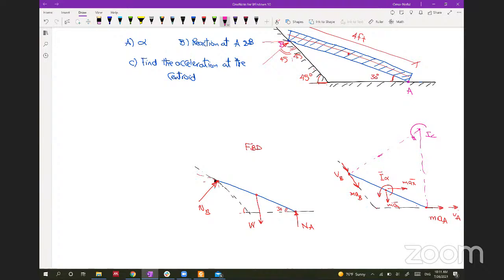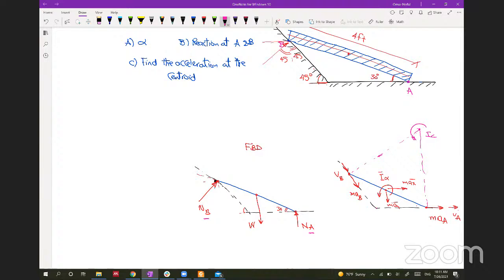Okay, if we start to construct our Newtonian dynamics equations, you will end up with NA unknown, because if you take the sum of the forces in Fy, NA will appear, and NB will also appear because it has components in the X and Y directions.